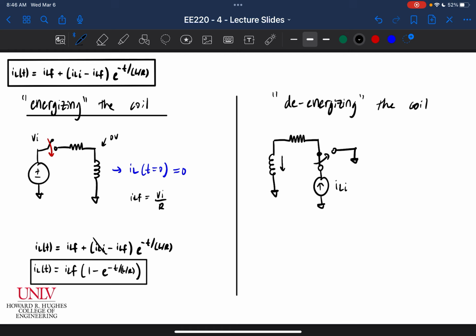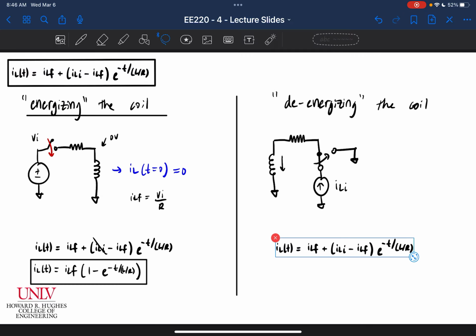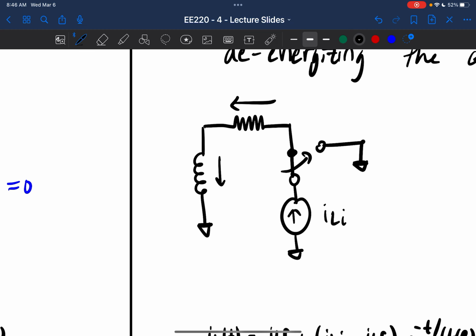Okay? And so what I do is I pull my Fife equation in. My final current is going to be 0 because all the energy that's stored in my inductor is basically going to burn up as heat in my resistor, and I'm going to be left with no energy once I open that switch over to the ground side. Okay, so maybe it's not clear what's happening.